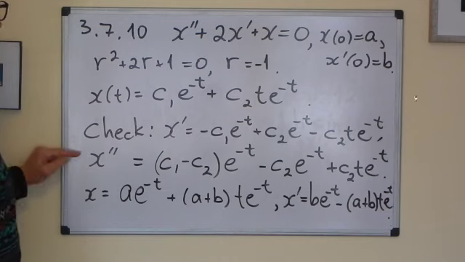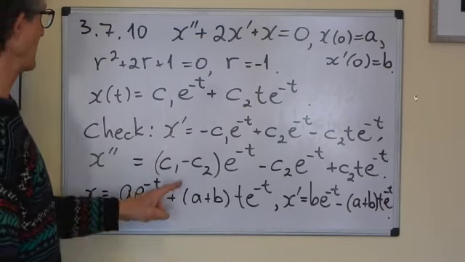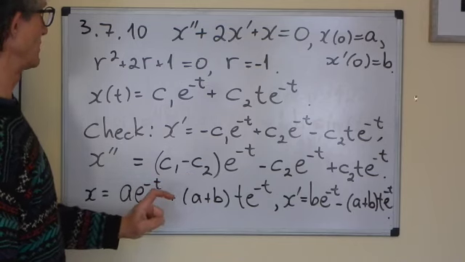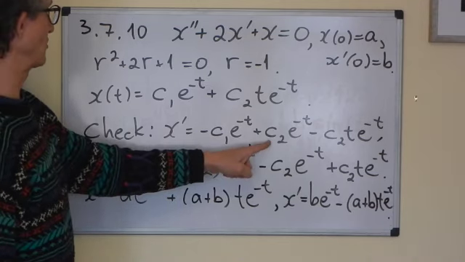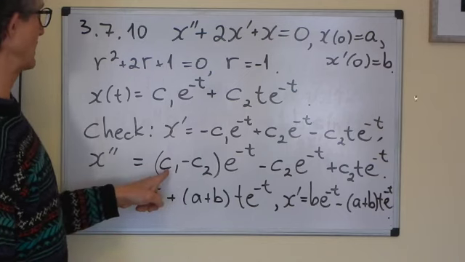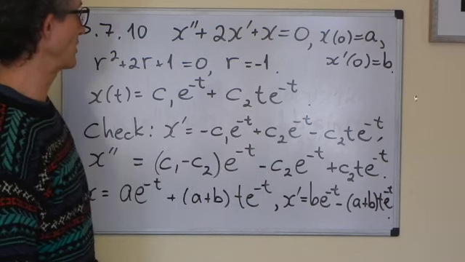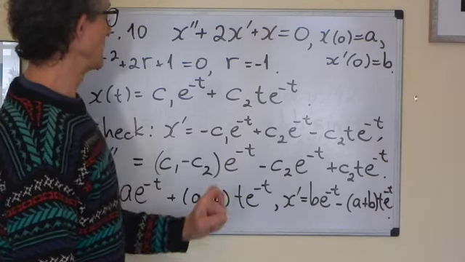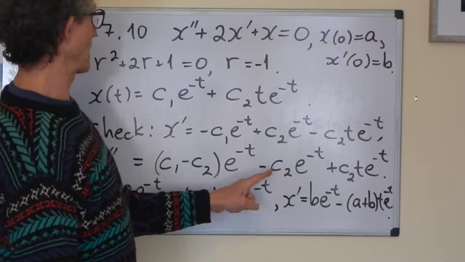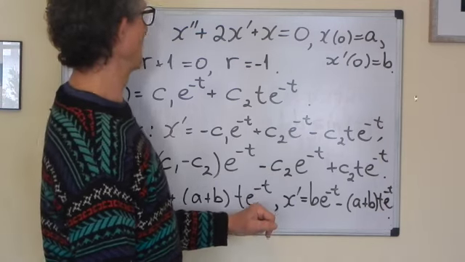If we look at these, if we take twice this one and add it to that one, we get c2 minus c1 twice, added to c1 minus c2, so we're just left with c2 minus c1, minus c2, which is just c1.